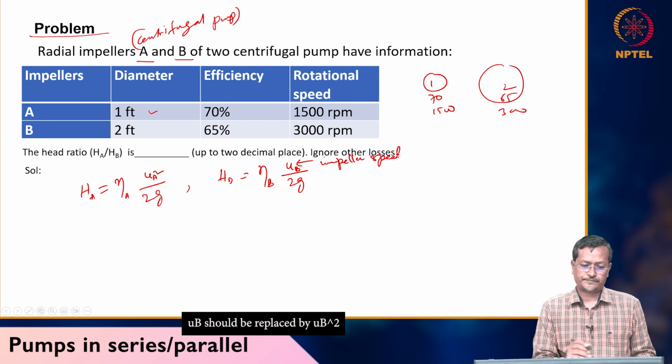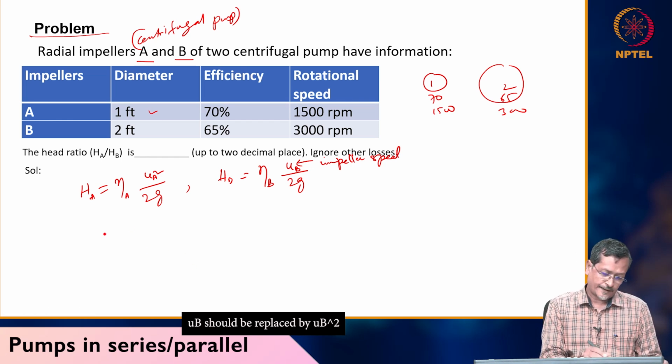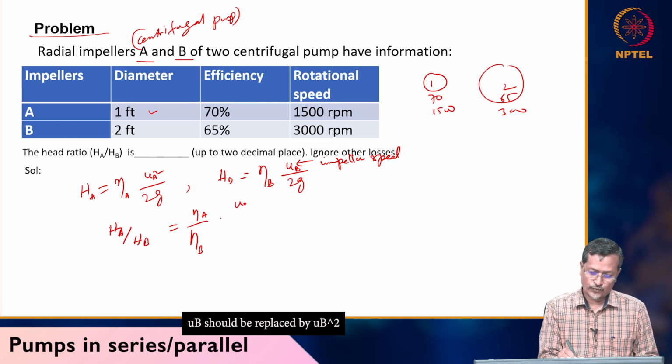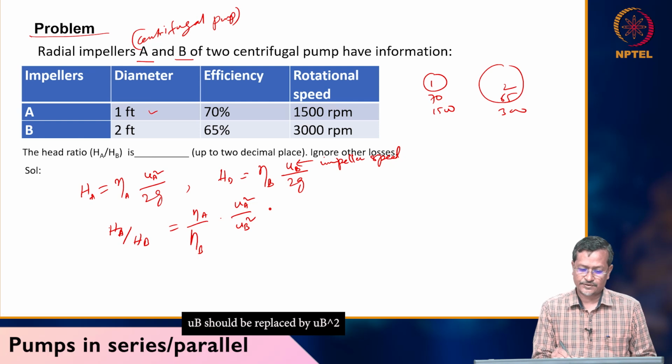So HA by HB equals eta A by eta B times UA squared by UB squared, as 2g vanishes.